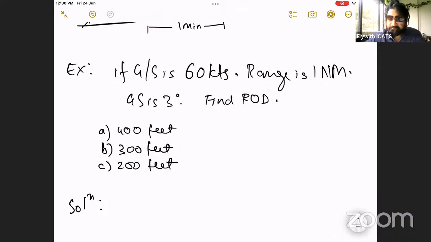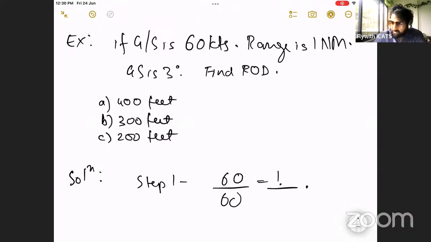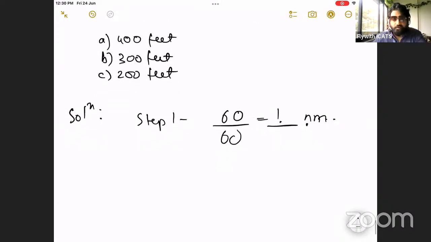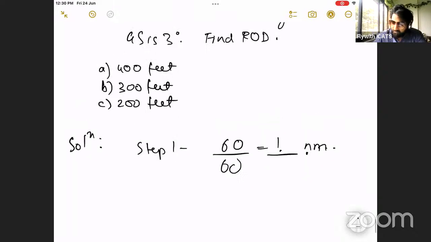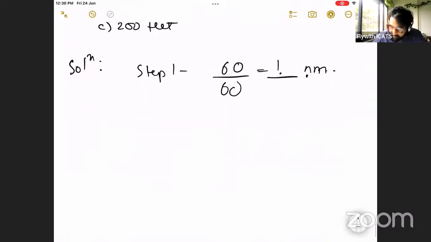Follow the steps. Step 1, convert the range into minutes. How will you do it? By dividing ground speed by 60. So step 1, ground speed is 60 divided by 60, you get 1. So your range is 1 nautical mile. Got it? Now we are going to use that 1 nautical mile in the formula. Therefore, 3 is equal to height upon 1 nautical mile into 60.